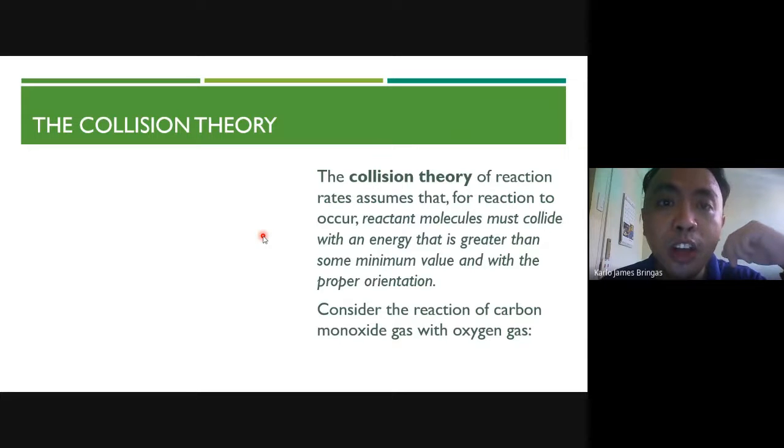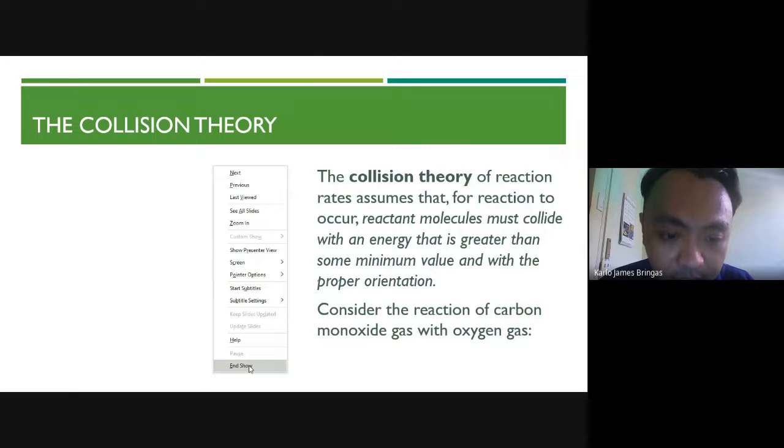As a way for us to better visualize this, let's consider the reaction of carbon monoxide gas with oxygen gas. I think I haven't yet edited out the mistake in here. Let me edit that very quickly.